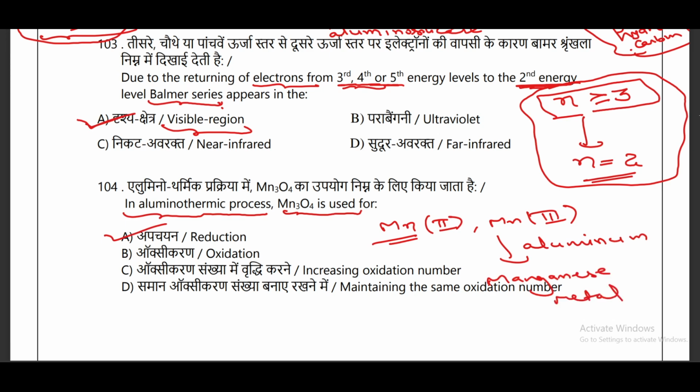This process is a type of exothermic reduction, where aluminum serves as a reducing agent. The reducing agent converts manganese oxides to manganese metal. So in this case reduction is involved, so option A is your correct answer.